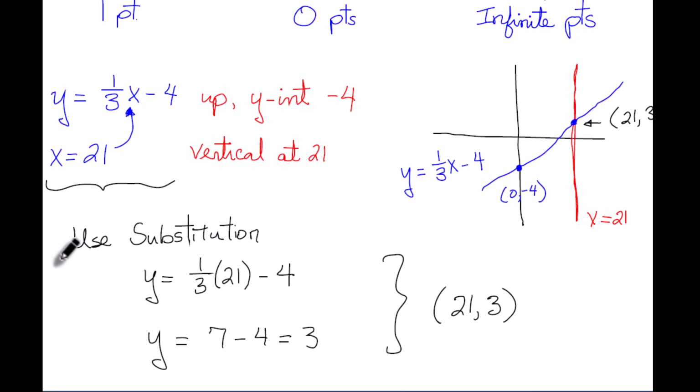So what do I do? I just substitute. I just plug the value of x in there and calculate. 1/3 times 21 is 7. 7 minus 4 is 3. So these two lines are intersecting in a common point, and that point is (21, 3).